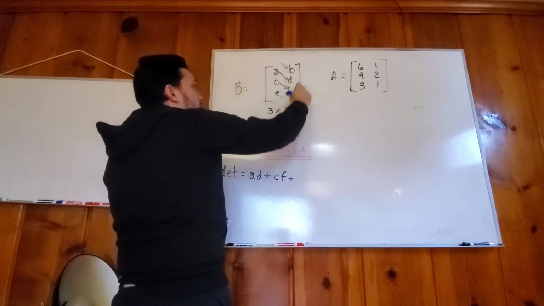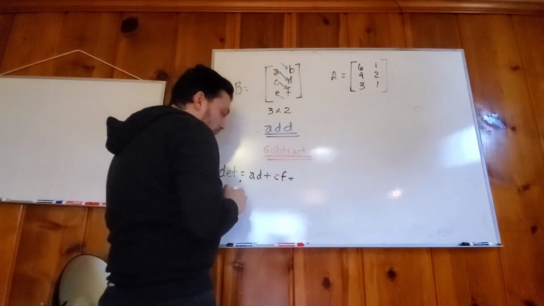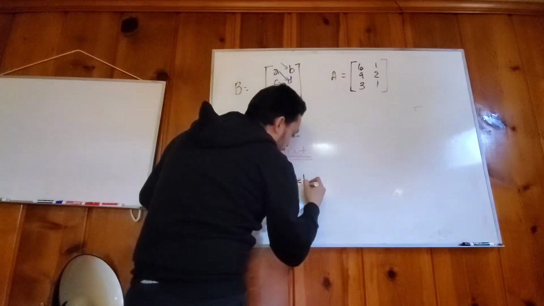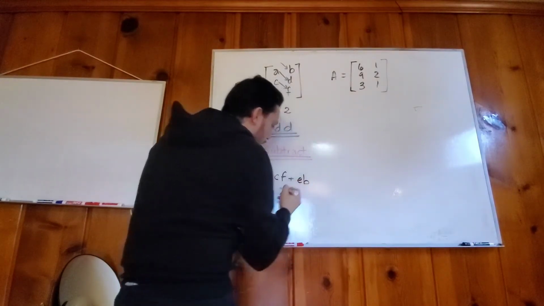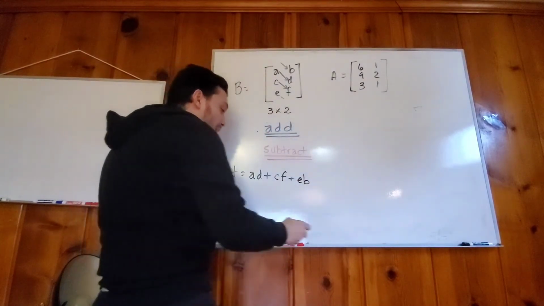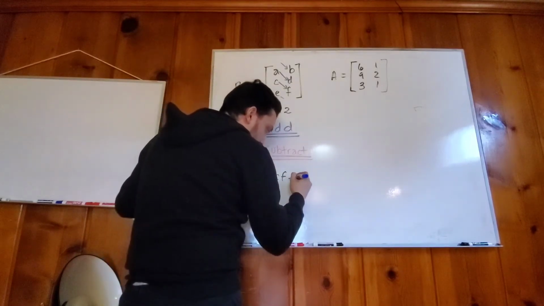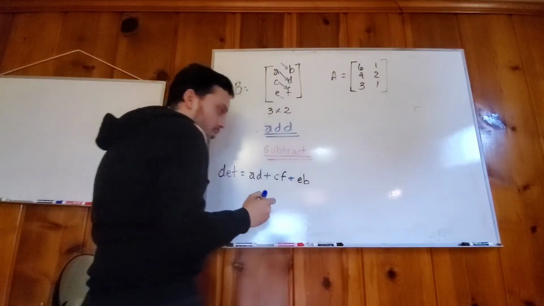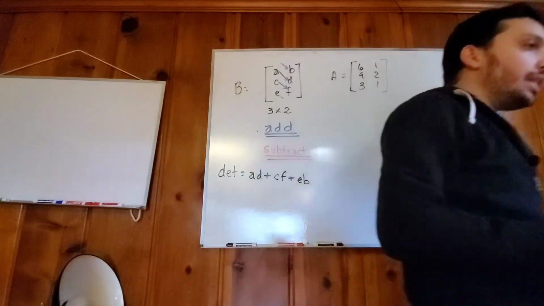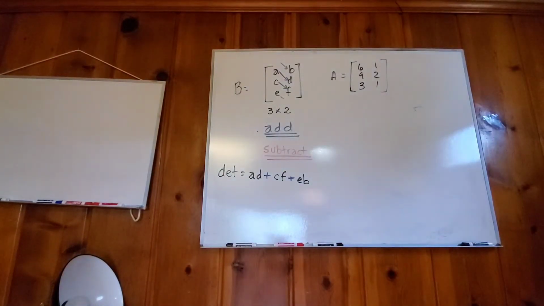So we kind of went from E all the way to B. So E and B are going to be multiplied together. Okay, so that's the stuff that we have to add up: AD, CF, and EB.